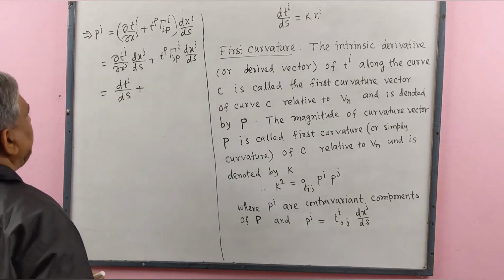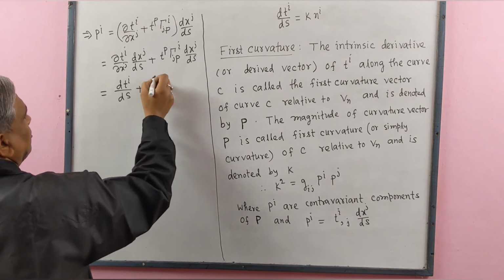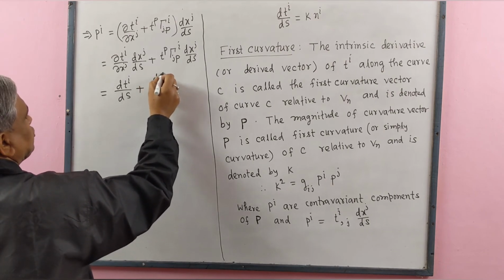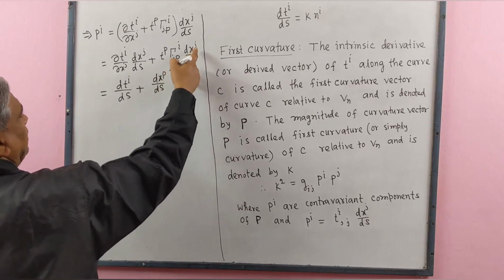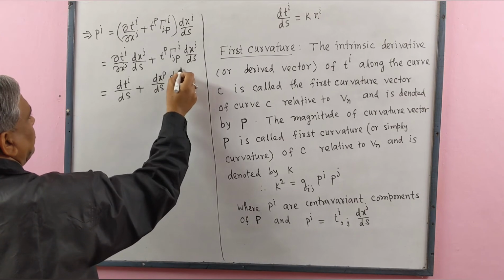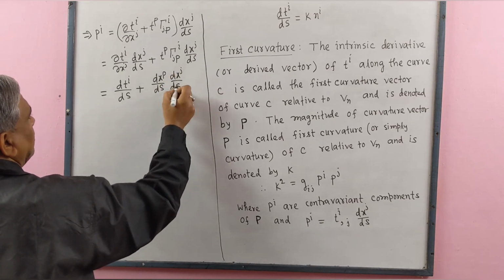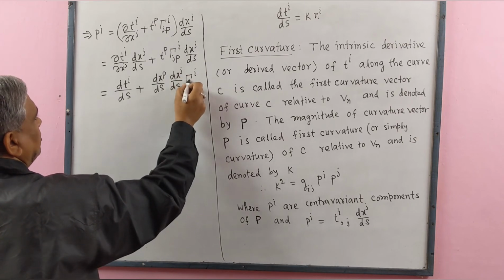Here for Tp we write dxp by ds, and we write this first dxj by ds, Christoffel symbol second kind ijp.